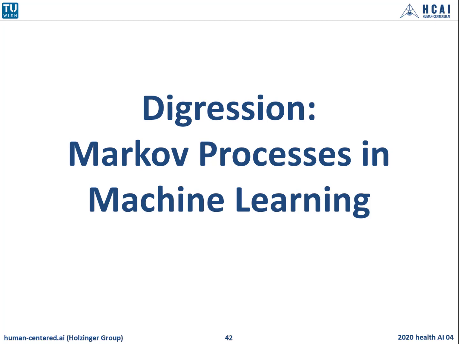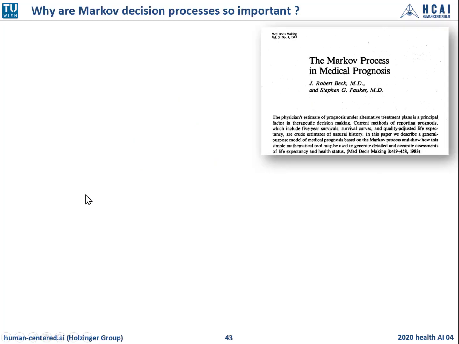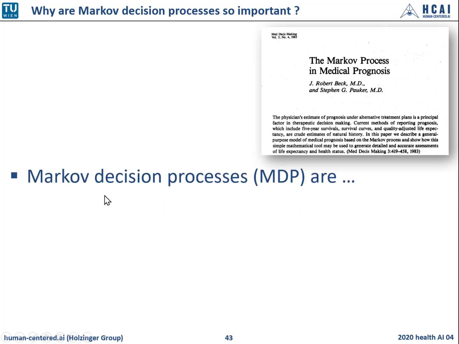In continuous time, we know it as a Markov process. And this goes back to the Russian mathematician Andrei Markov, who lived from 1856 to 1922.